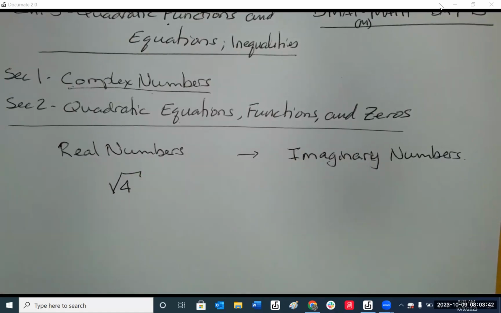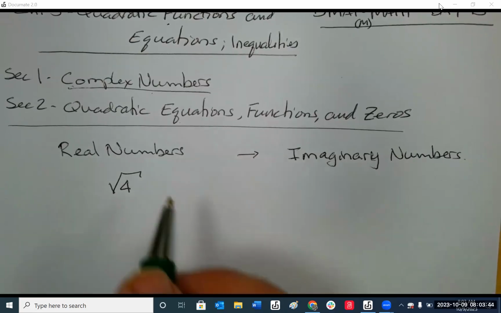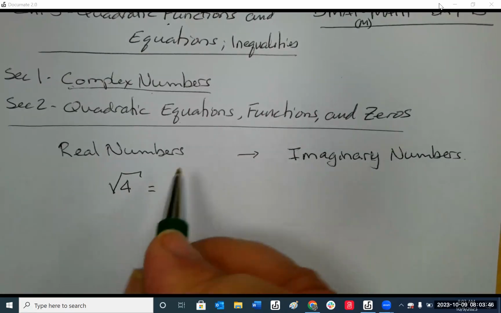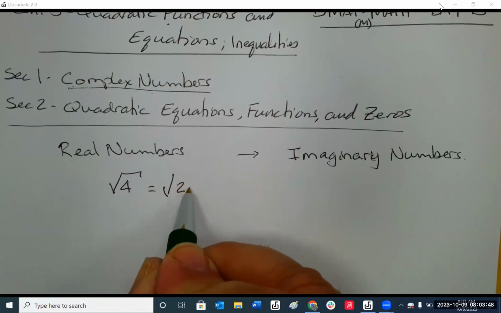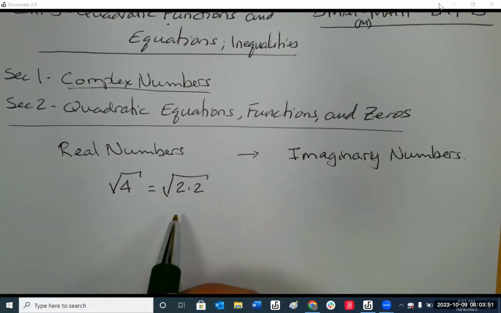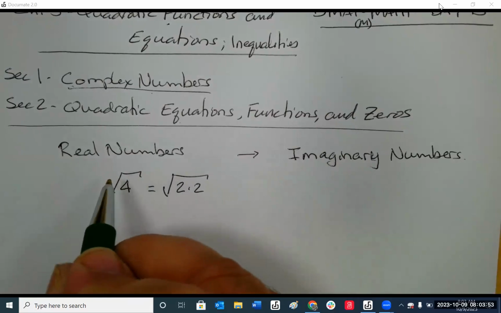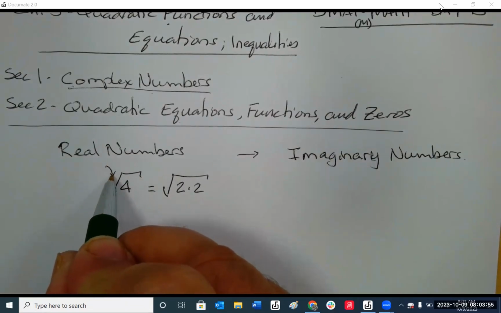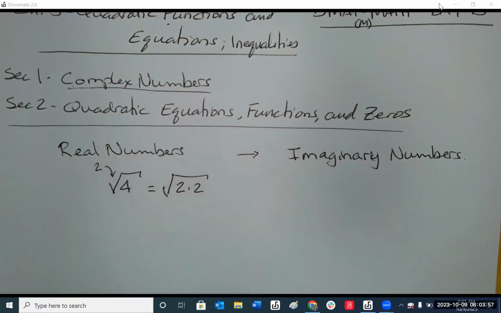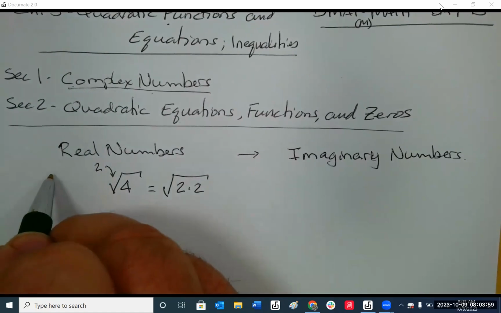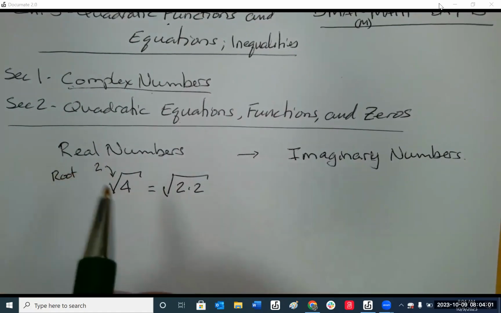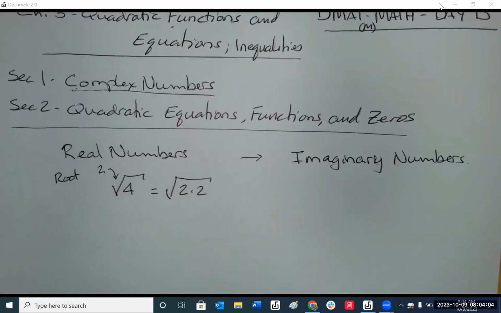we know what the square root of 4 is. It's what? Yeah, 4 is made up of 2 times 2. Now, the reason it's called a square root is because there is an invisible number there. There's an invisible 2 there. That's called the root. That's why it's called a square root.